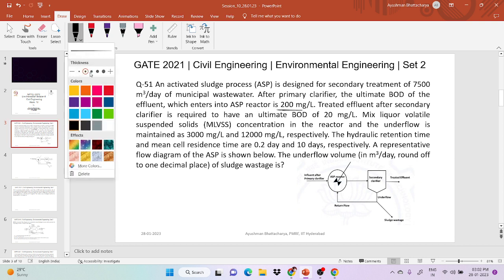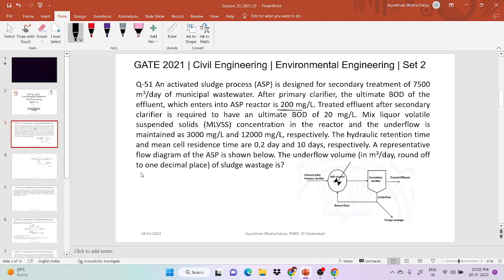The treated effluent after the secondary clarifier is required to have an ultimate BOD of 20 milligram per liter. The mixed liquor volatile suspended solids concentration in the reactor and the underflow is maintained at 3000 milligram per liter and 12,000 milligram per liter respectively. The hydraulic retention time and the mean cell retention time are 0.2 day and 10 day.